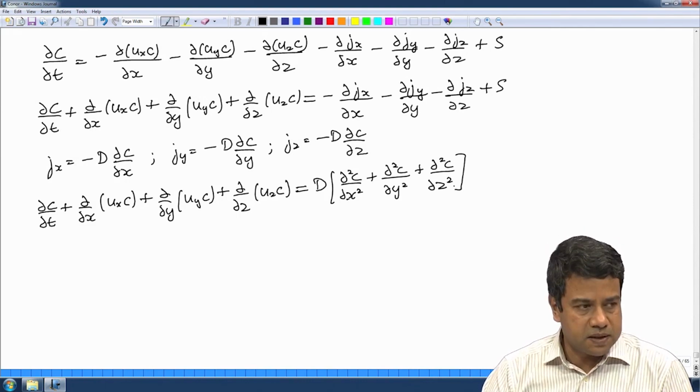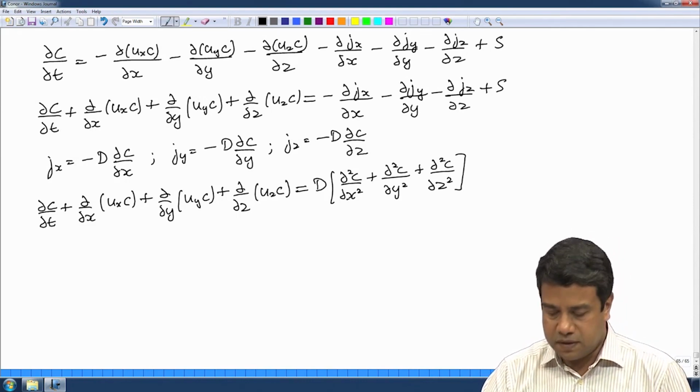So, that is the mass balance equation for this particular case for the concentration field.